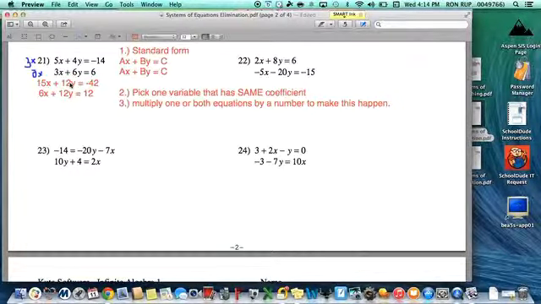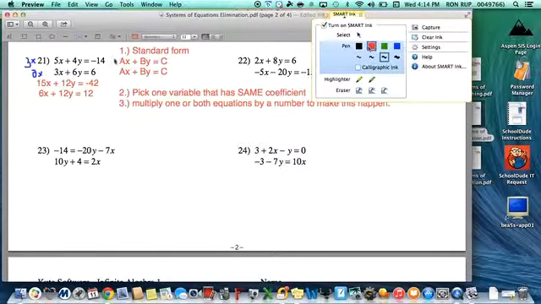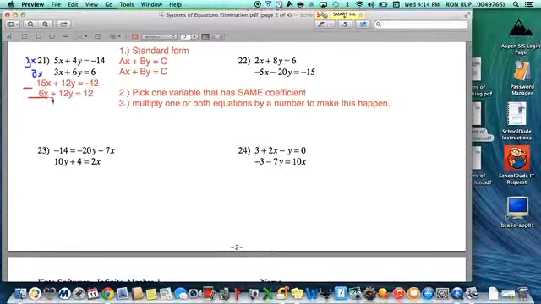So now how do I make two positive 12s go away? Well, if I added 12 plus 12, that would give me 24. So I don't want to do that. So I want to make sure I subtract. And I'm going to subtract everything.